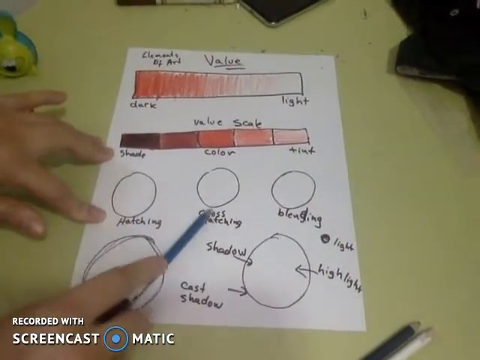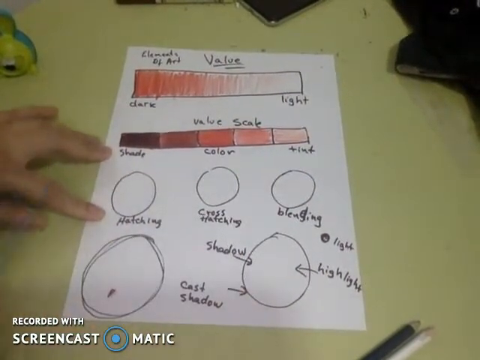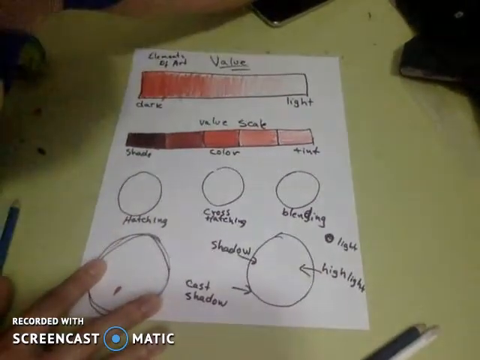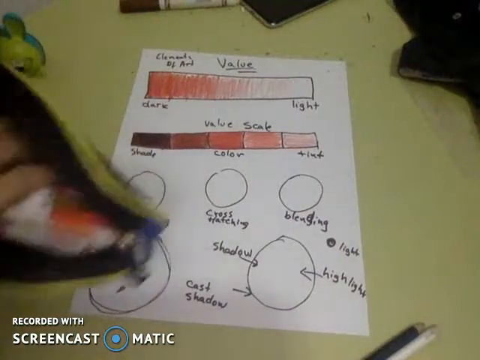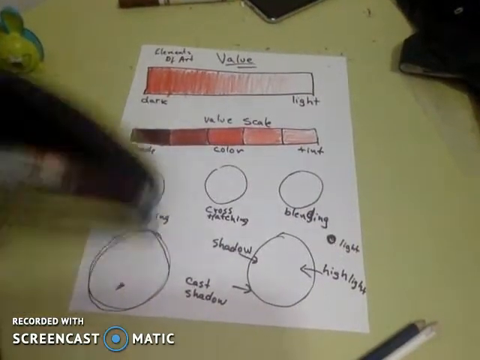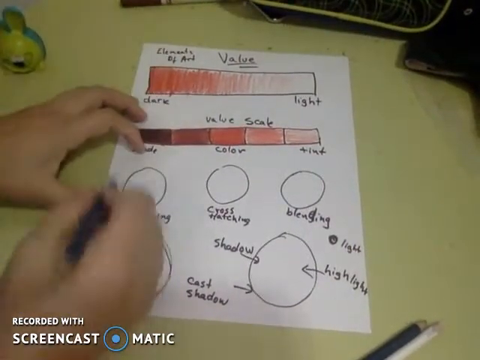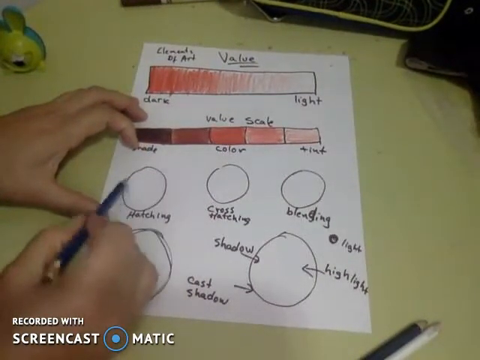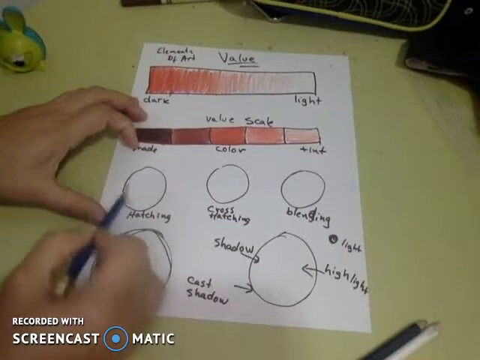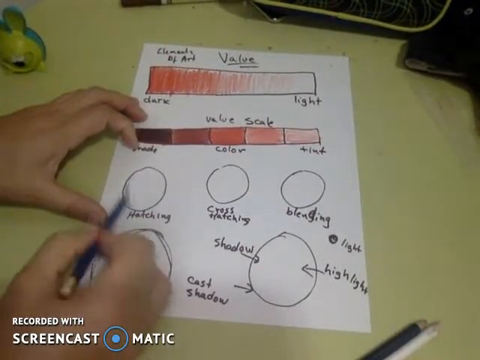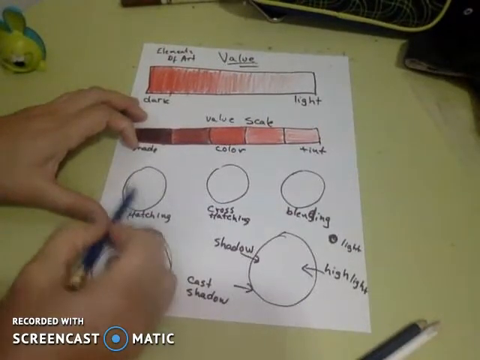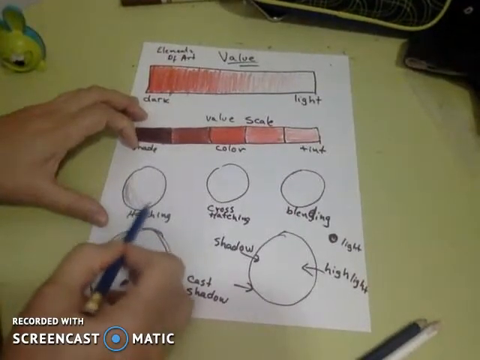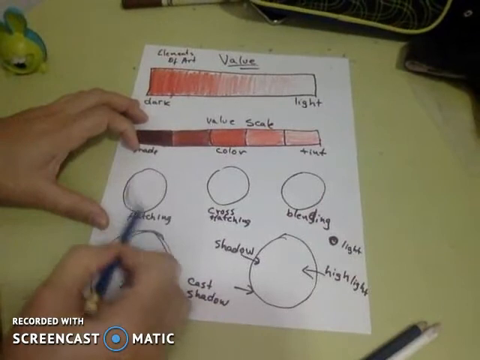For hatching, cross-hatching, and blending, here we're going to need a pencil. Let me see if I can reach it. So here, for the pencil part, hatching, you just do lines. And what you do, let me see if you can see it. You create value just with hatching.